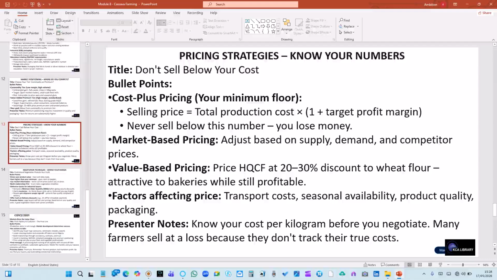The factors affecting price include transport costs, seasonal availability, product quality, and packaging. Note, always know your cost per kilometer before you negotiate. Many farmers sell at a loss because they don't track their true cost.